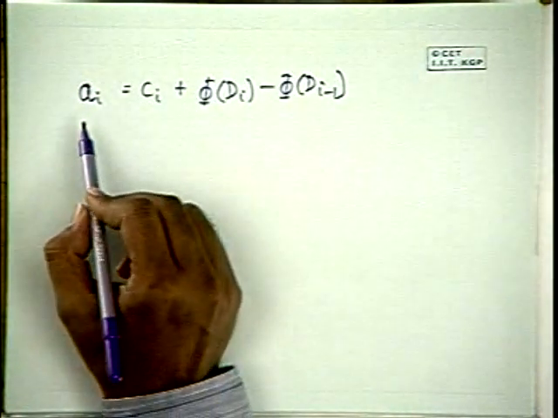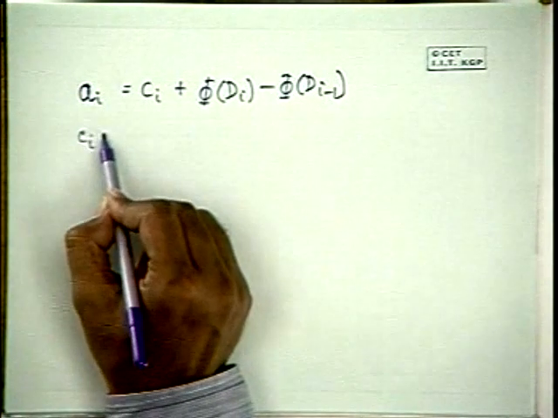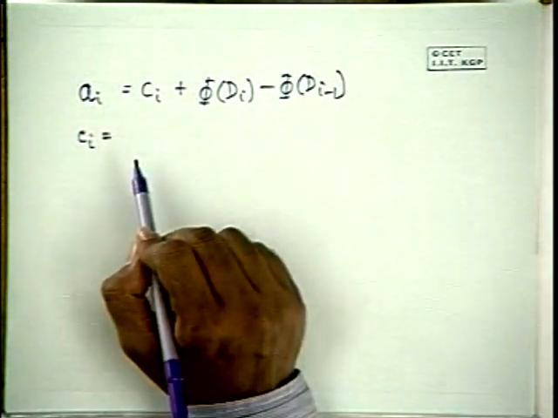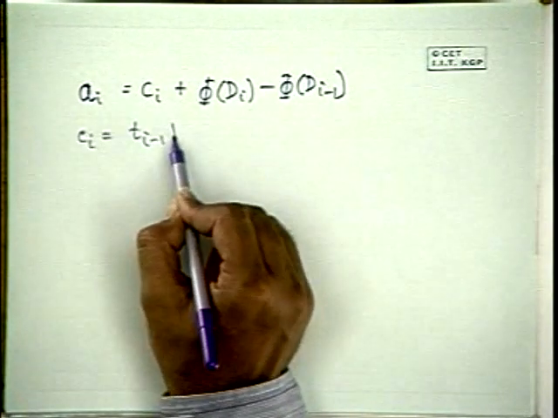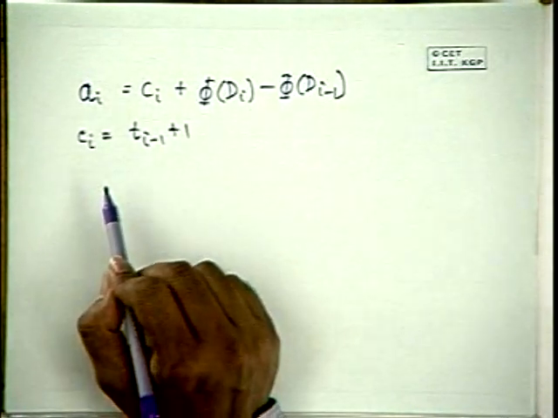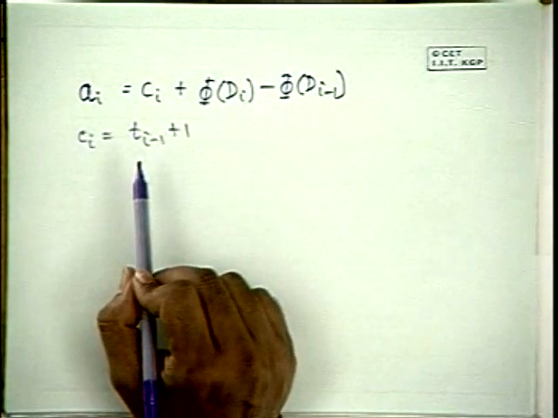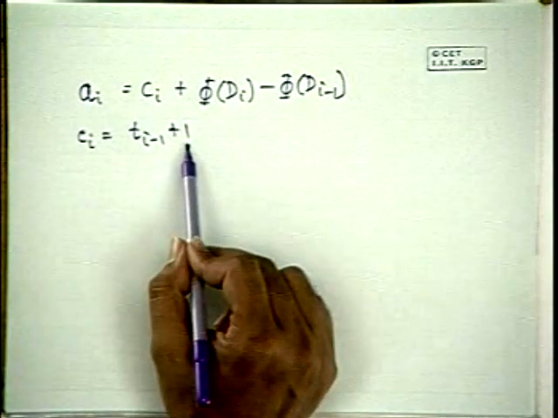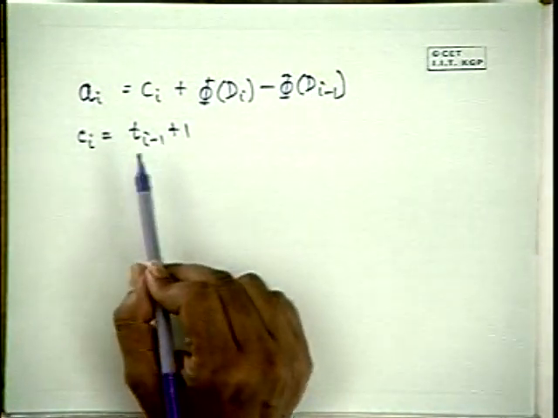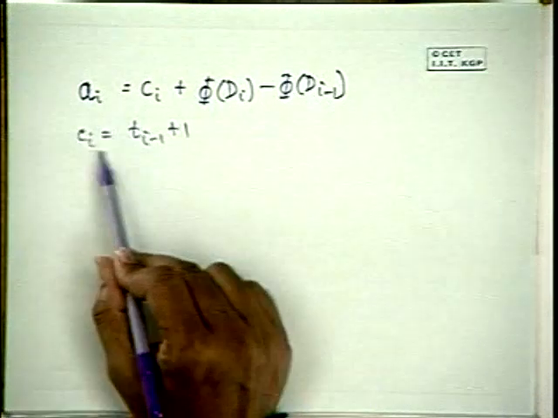Now what is Ci, the actual cost of the ith operation? In terms of Ti, it is Ti minus 1 plus 1, right? Because there were Ti minus 1 trailing ones which you converted to 0, and this 1 accounts for the last 0 which you made 1. So this is the actual cost of the ith operation.